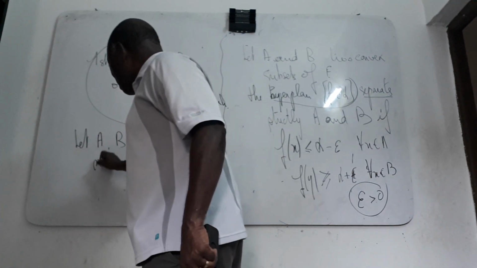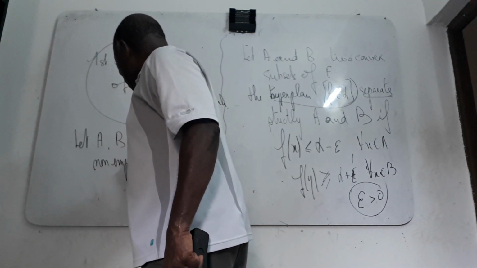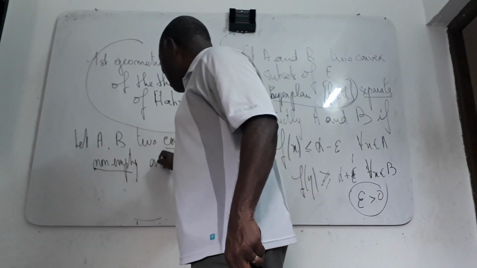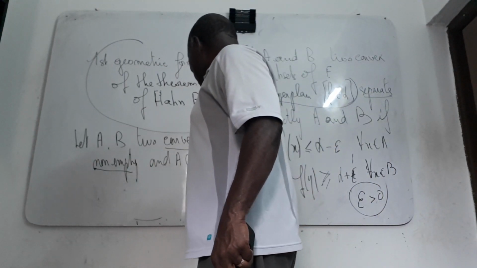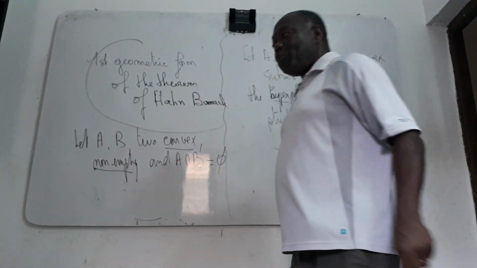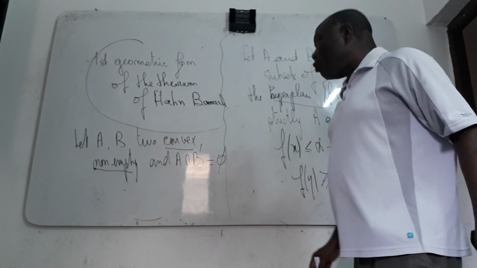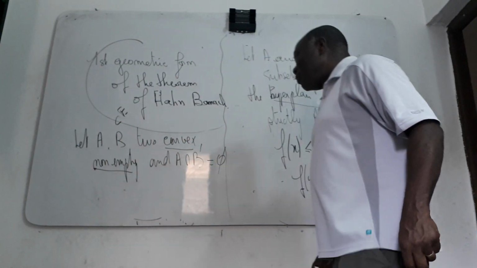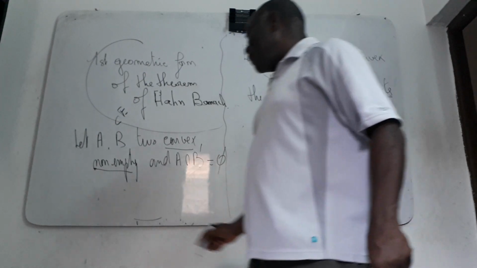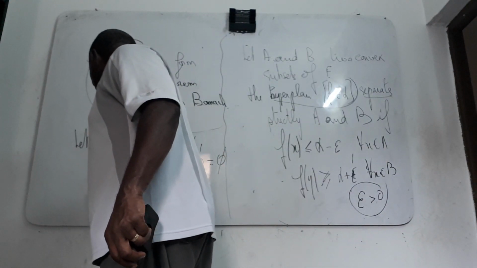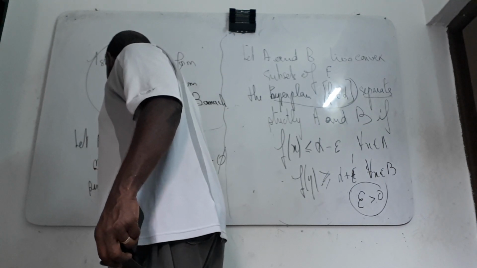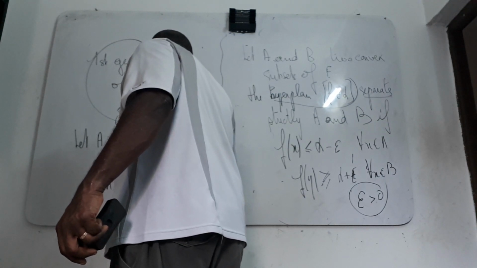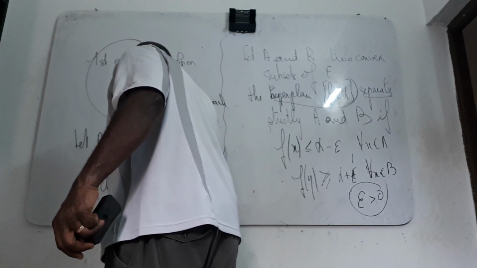The first one states that we consider A and B, two convex, non-empty, and disjoint subsets in your Banach space E, such that one of them is open.